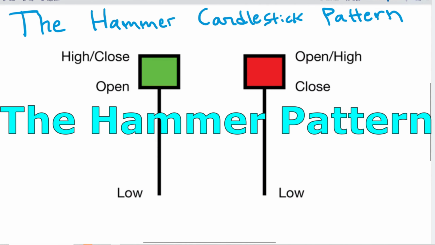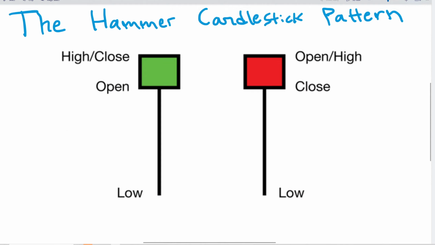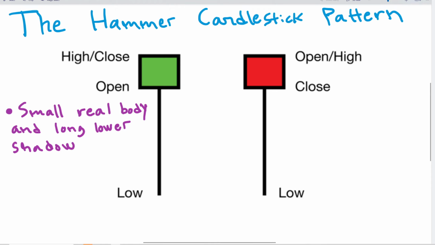So here on the screen, we have two hammers. Let's take a quick look at what defines a hammer. A hammer should have a small real body and a long lower shadow. The real body is this wide part of the candle, and shadows are the longer parts.